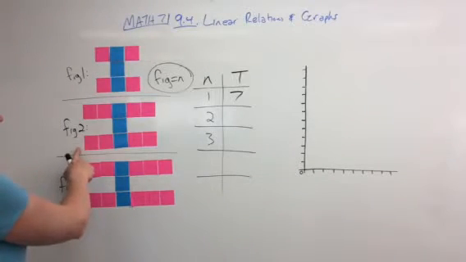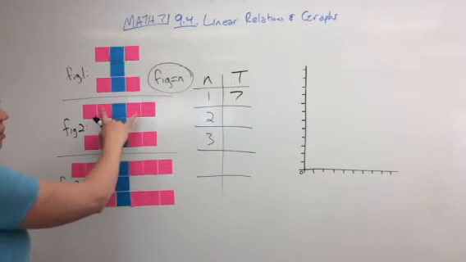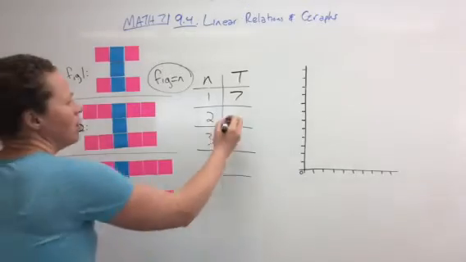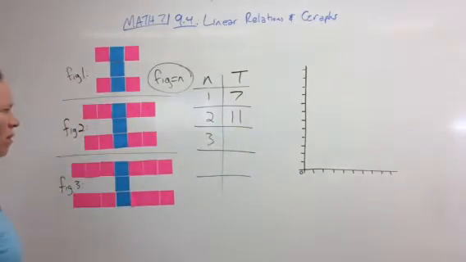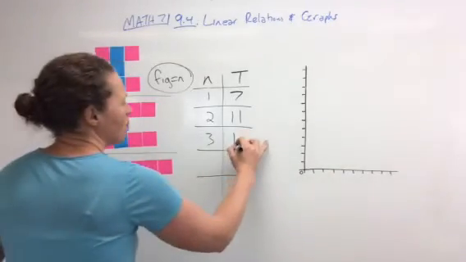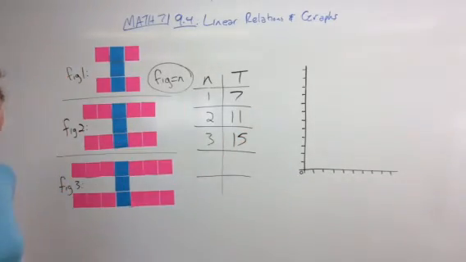Okay, figure 2, I've got the 3 in the middle plus 8 on the outside for a total of 11. For figure 3, I have 3 in the middle plus a total of 1, 2, 3, 4 groups of 3, so 12, that's 15. Doesn't really matter how you choose to tally them up, just make sure you're getting a good count.